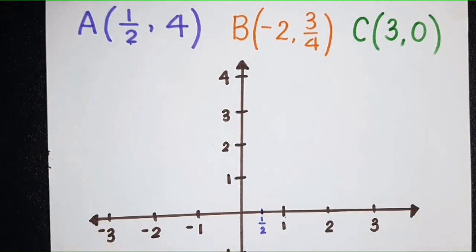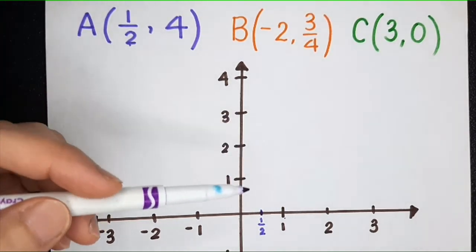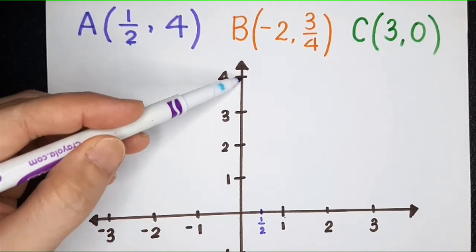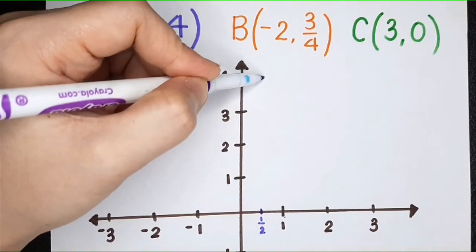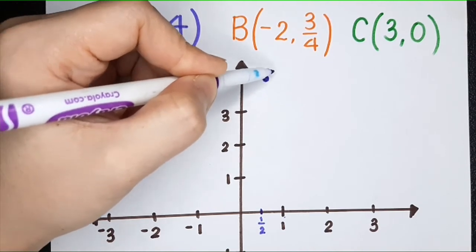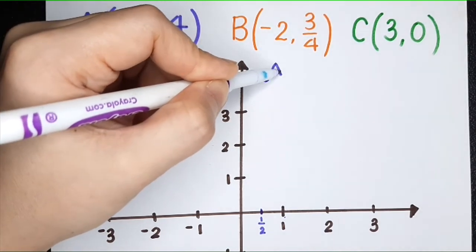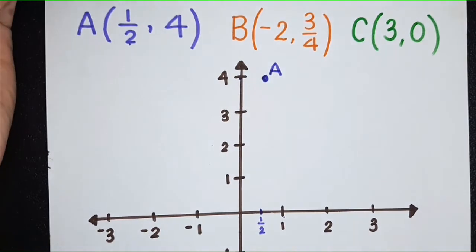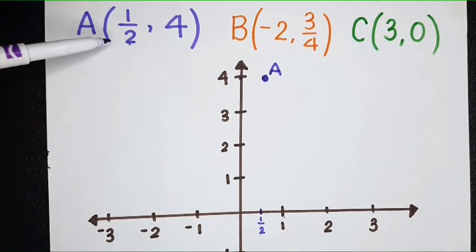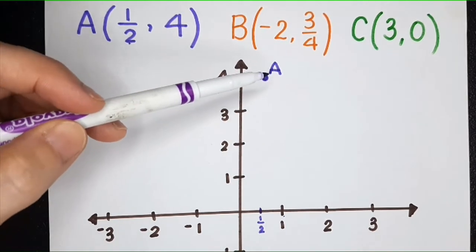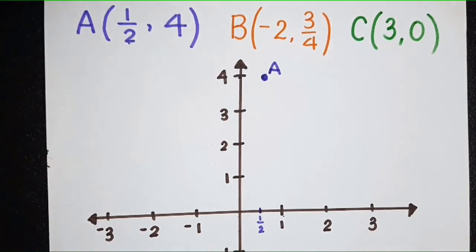Ang kapartner niya sa y-axis ay 4. So, where is the point A? Point A is here. Okay? So, actually, you don't have to write the coordinates. Kapag nandito naman na, okay, nakasulat na siya dyan. So, it's okay to simply write point A. Okay? So, that's our point A.